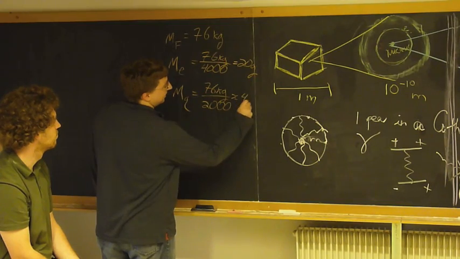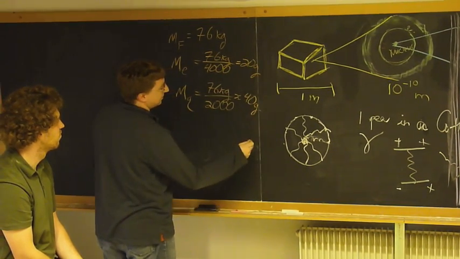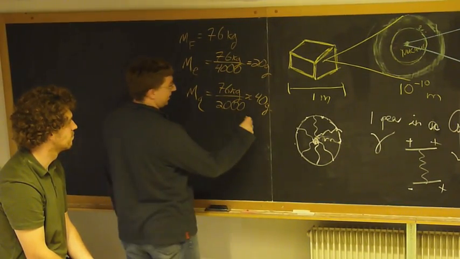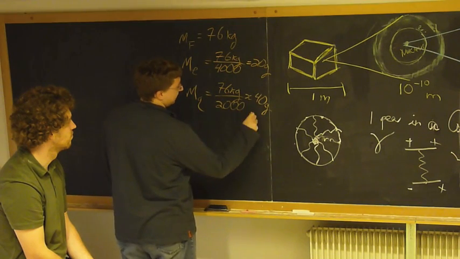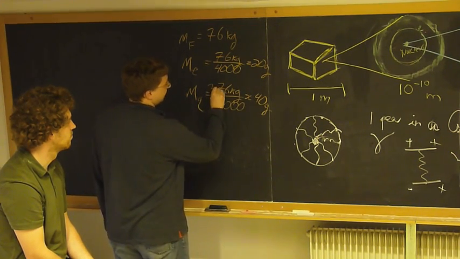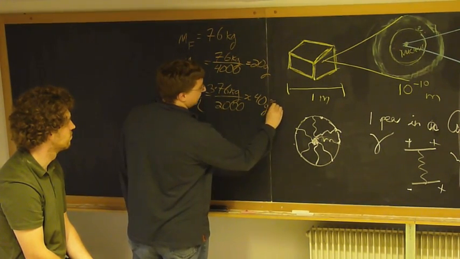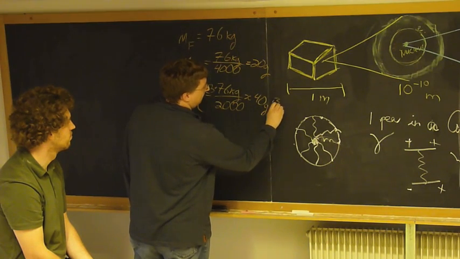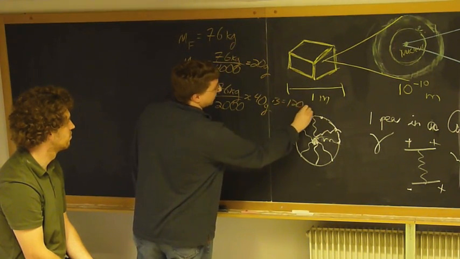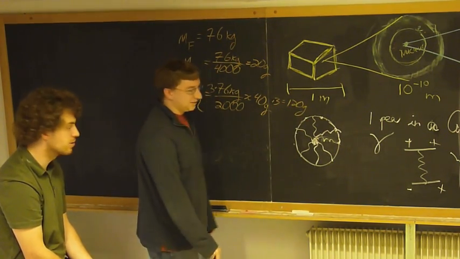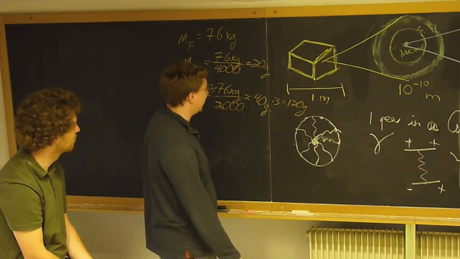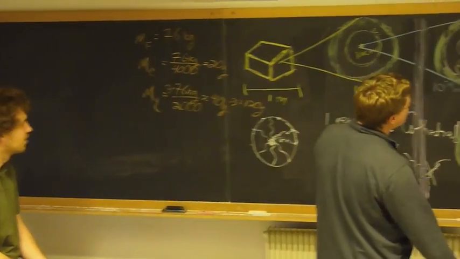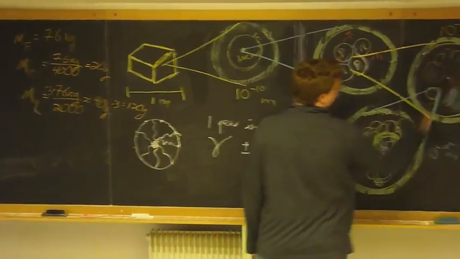So it's more like 40 grams, but there are 3 quarks. So this comes out to times 3. So this is maybe 120 grams worth of quarks. 6 chalks. 6 pieces of chalk. Nice. So it's not the quarks.